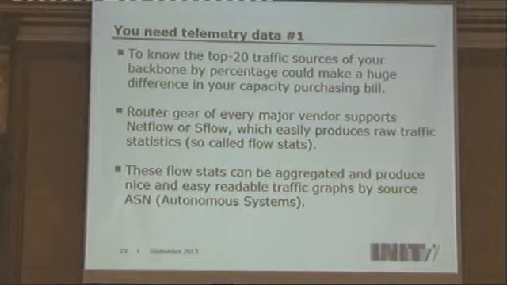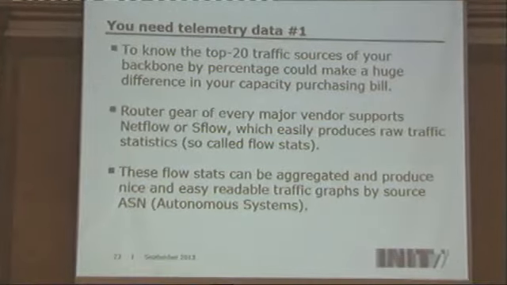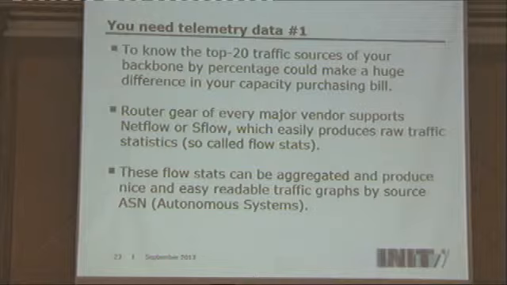And now I come to Paolo's presentation a minute ago. You need telemetry data. You have to know the top 20 traffic sources of your backbone by percentage, because it could make a huge difference in your capacity purchasing bill.